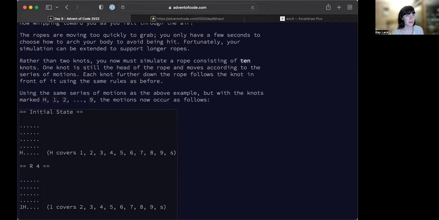Then iterate over each one, with the head being the first and the tail being the last. No, the tail being the next one down. And so we've got to go through 0 and 1, 1 and 2, 2 and 3, 3 and 4, 4 and 5, 5 and 6, 6 and 7, 7 and 8, 8 and 9, and that's it.